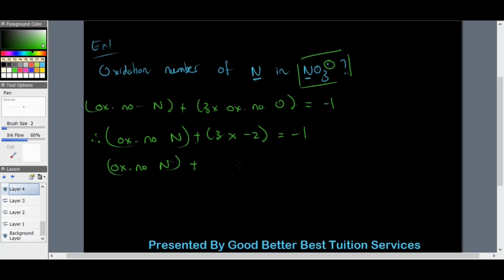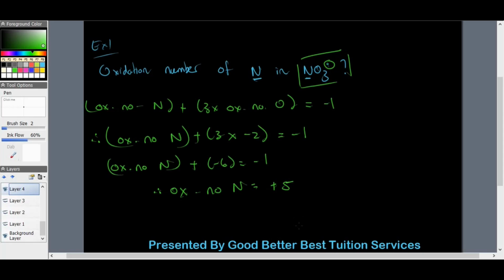Plus 3 times -2 gives me -6, and that's still equal to -1. So I end up with the oxidation number of nitrogen -6, well, I take the 6 over. Therefore, the oxidation number of nitrogen in nitrate equals +5.